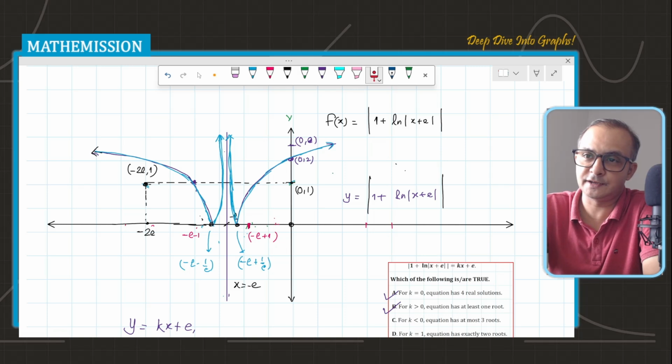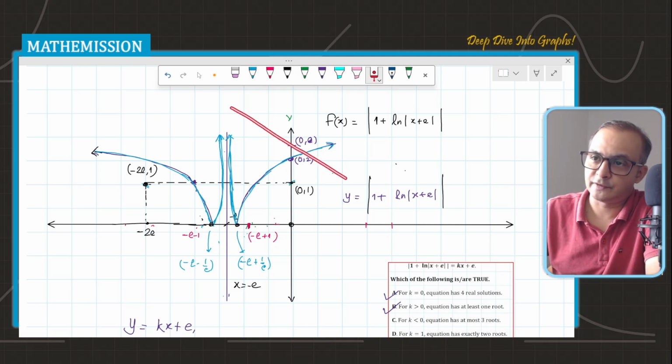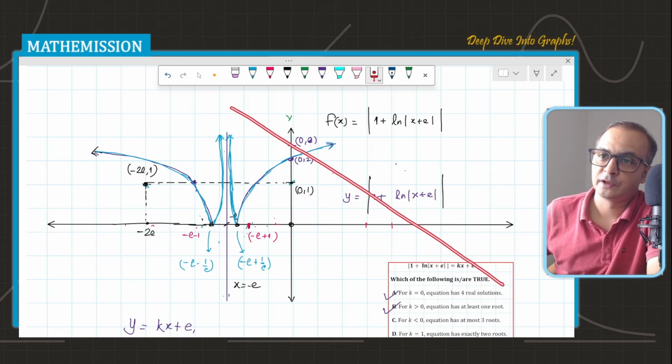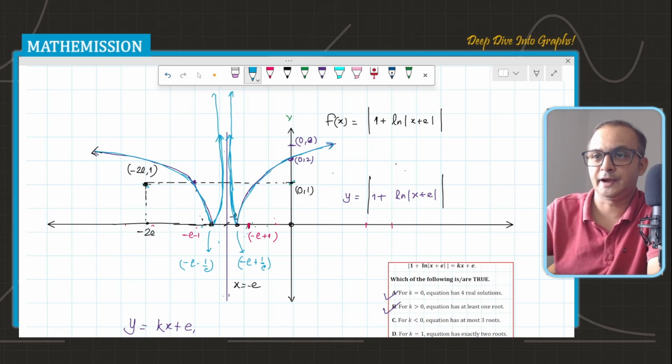I need to have k less than 0. So you can see that if I'm drawing the line like this, these two portions of the graph are already there. I have stopped drawing here, but it will not stop here. It will go up very high also.